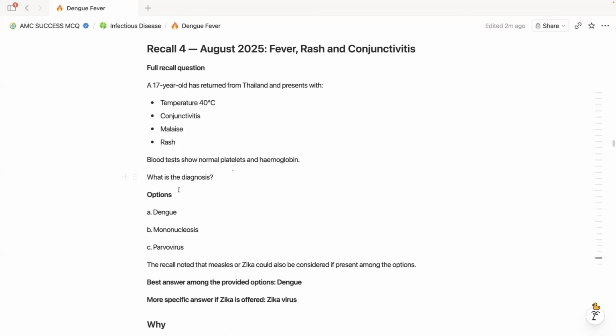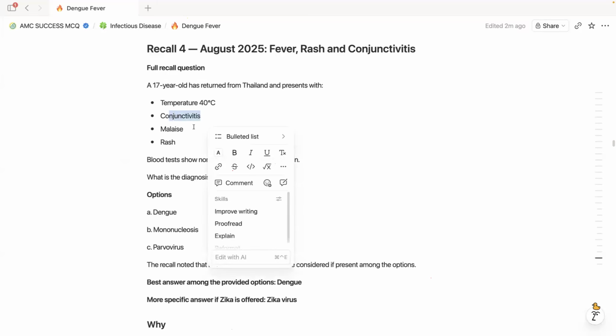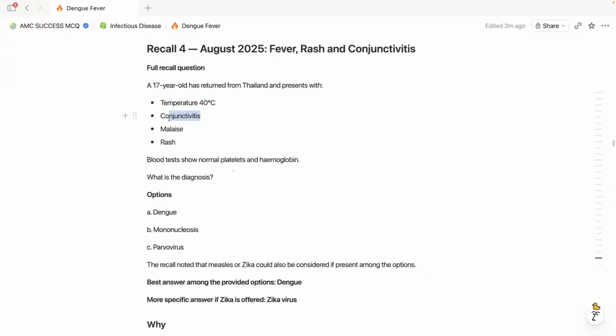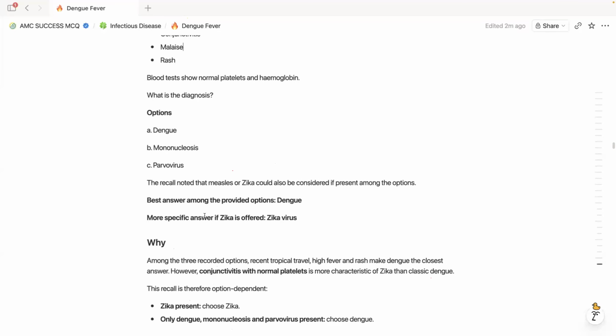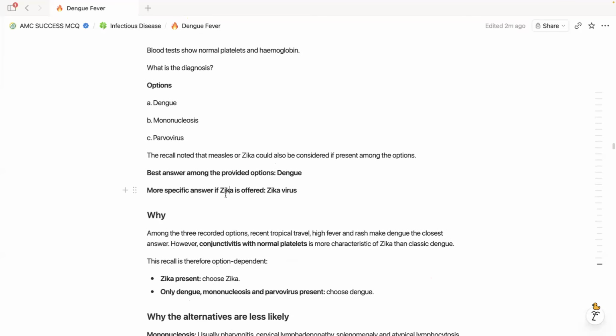So here, neither Zika nor measles is given, and the patient also has conjunctivitis. As I said, rarely there will be conjunctivitis. It is not like absolutely no conjunctivitis. So if none of those is there, we can go with dengue. As if Zika was there, then go with Zika.